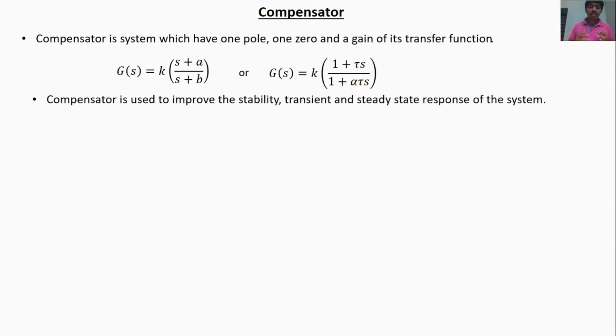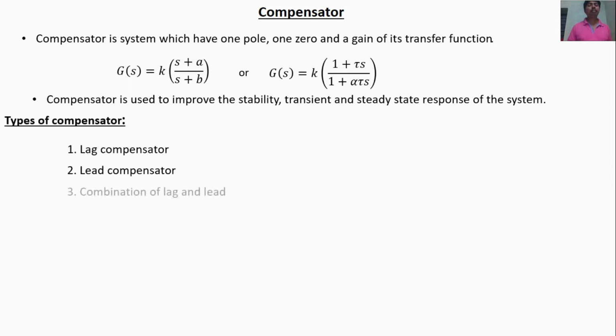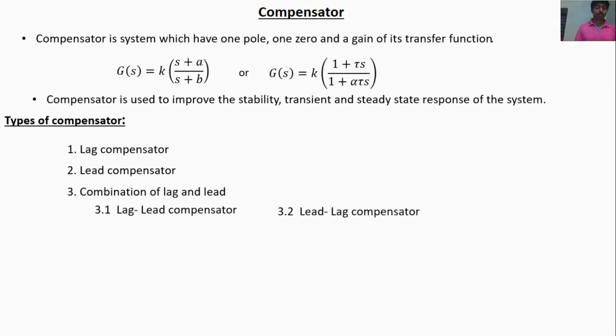What is the use of the compensator? The compensator is used to improve the stability of the system, and the transient and steady state response of the system. The types of compensator are: first the lag compensator, second the lead compensator, and third the combinations, lag-lead or lead-lag compensator.